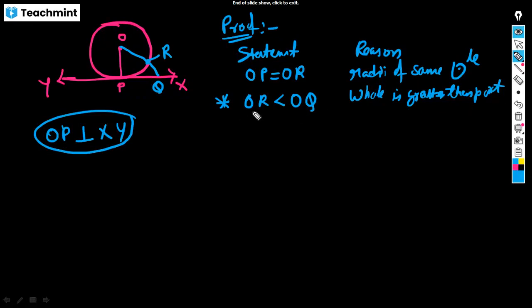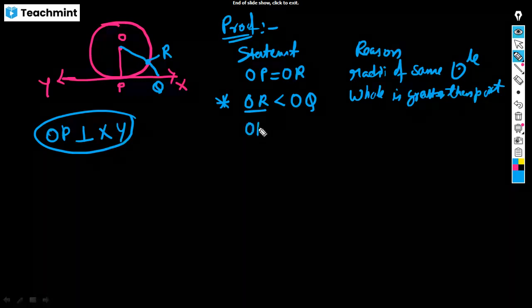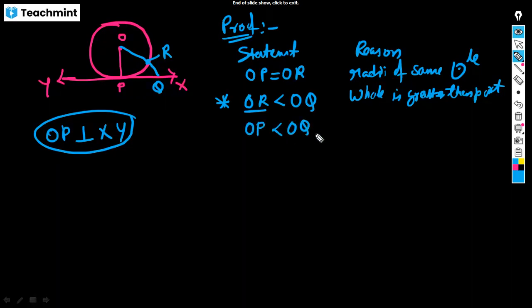So here, sorry, in place of OR, I'm going to write OP. OP is less than OQ. Why? Because OP is equal to OR. In place of OR, OP is written. Think from the diagram, OP is the shorter distance compared to OQ. I have proved this, right?